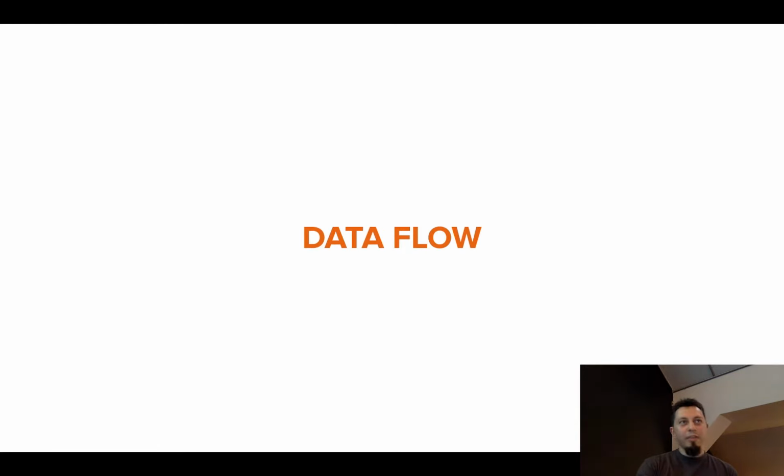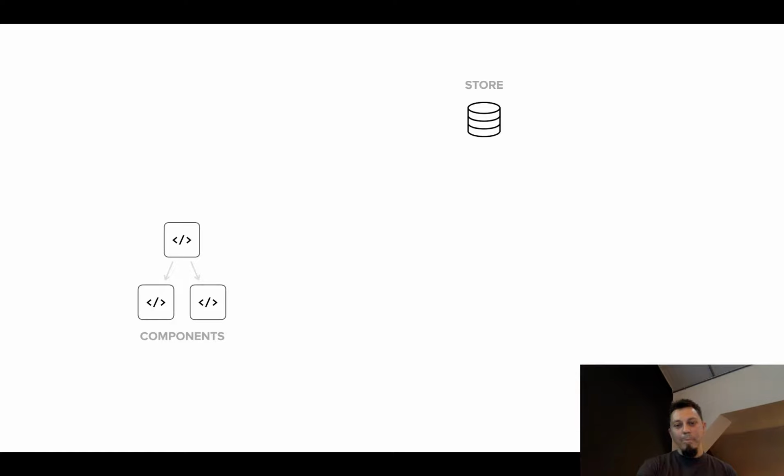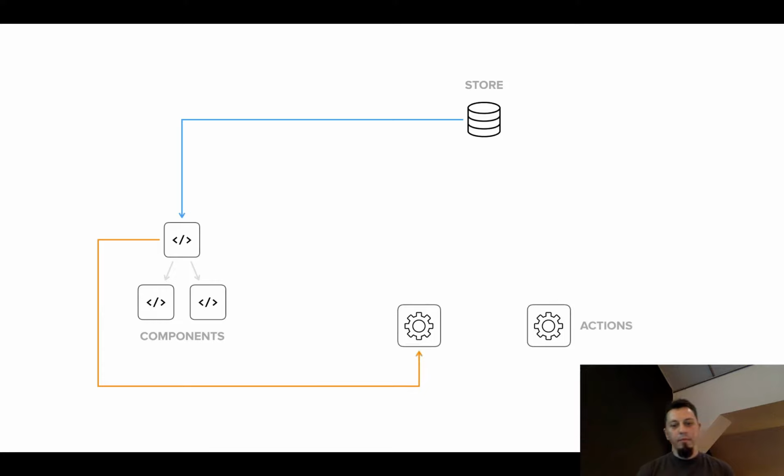Okay, let's talk about data flow. In the case of Redux, we have a component tree and we have a single store. Components are connected to the store, they get data from the store, they call some actions, the actions dispatch to the reducers, do some work and update the store.